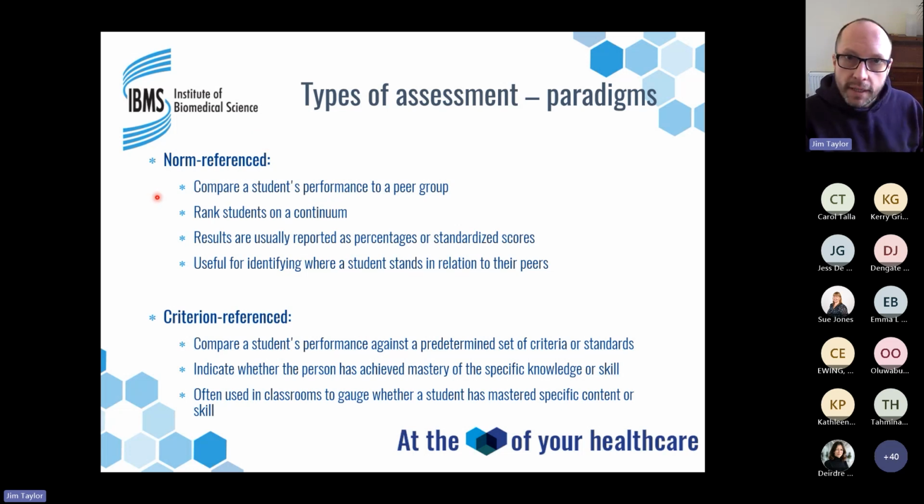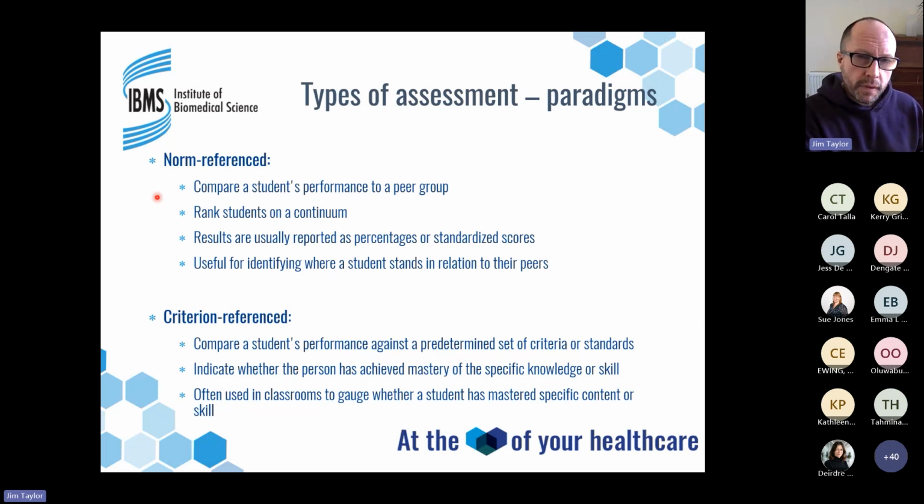They're given a grade. That grade is used to rank them, either first, second, and third in the class, or first, 2-1, 2-2 degree categories, that kind of thing. So norm referenced assessment is what students come to expect because of the schooling and university system that we use in this country.